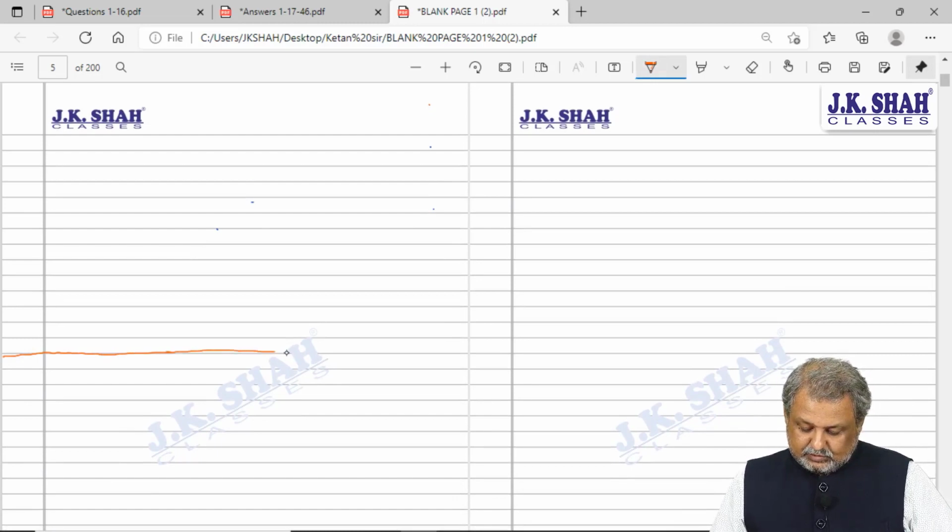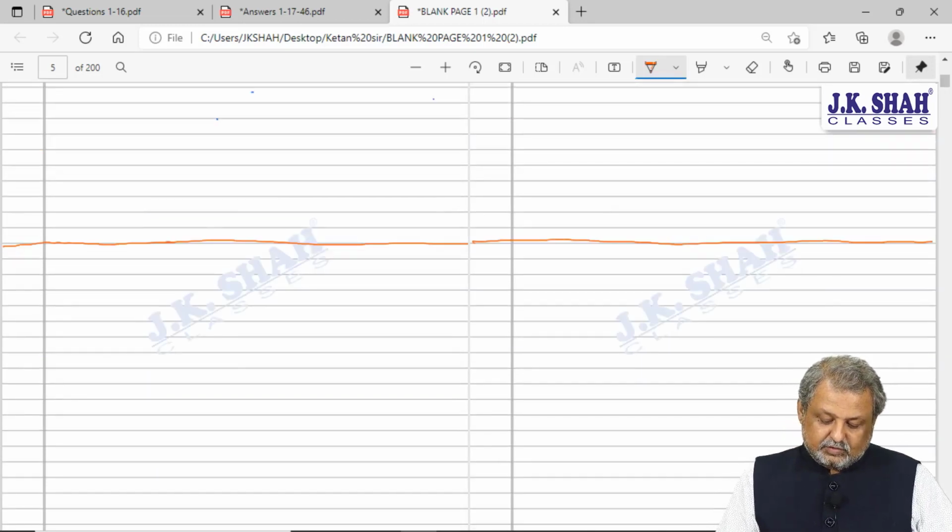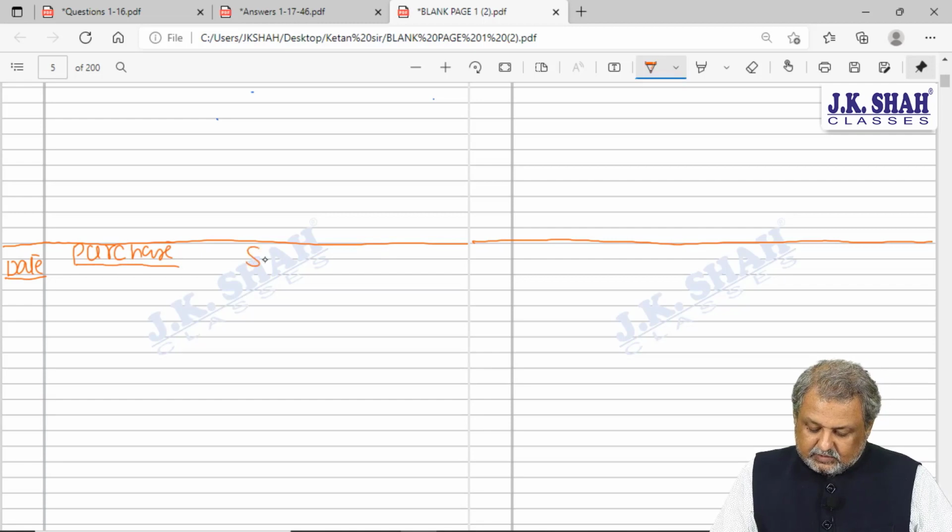FIFO cost. Okay. Now in that FIFO cost, first you will write date, then there will be purchase, then there will be sale, then there will be balance.